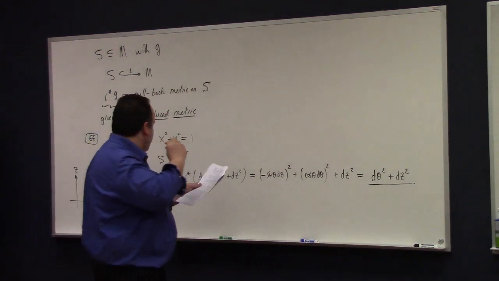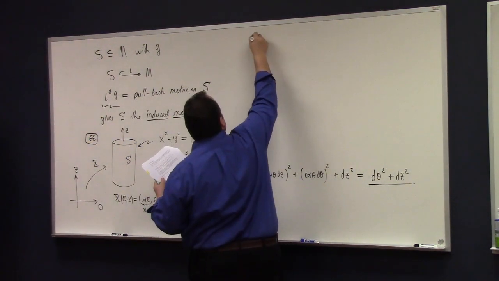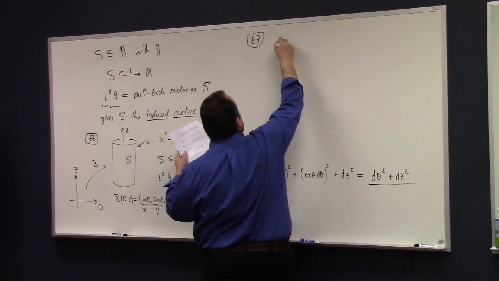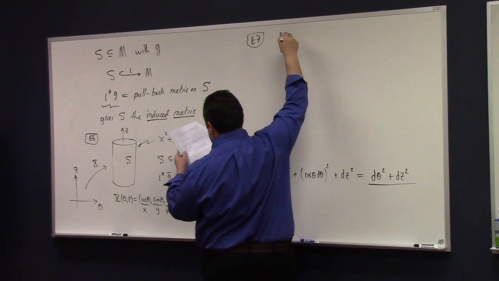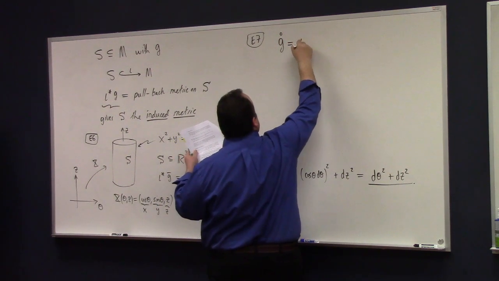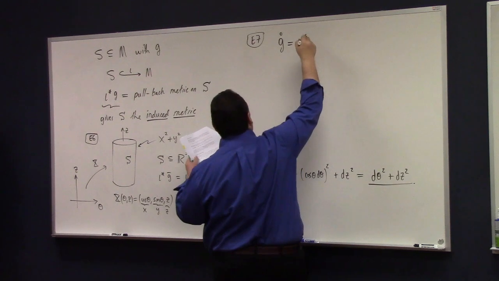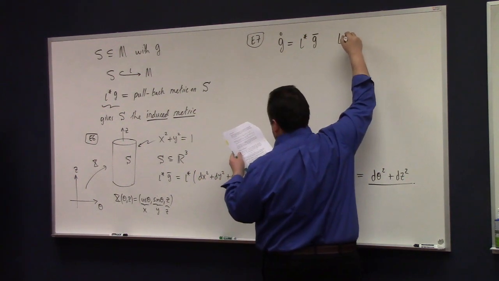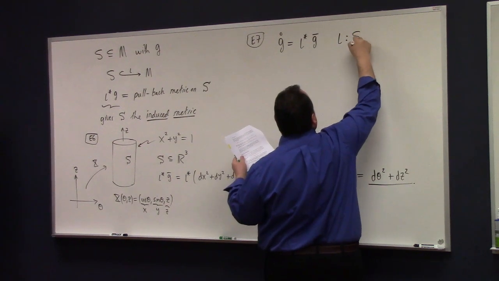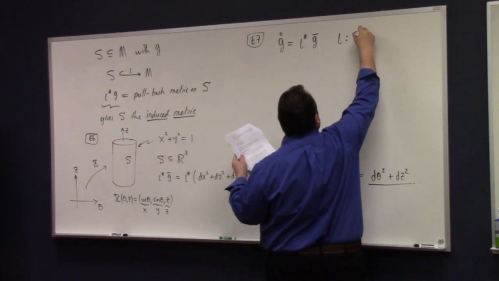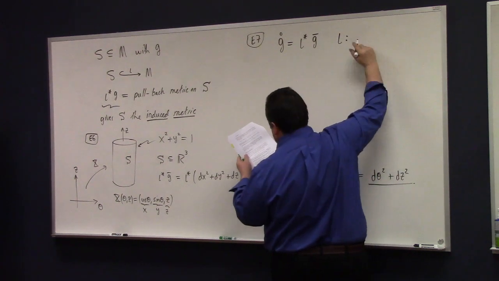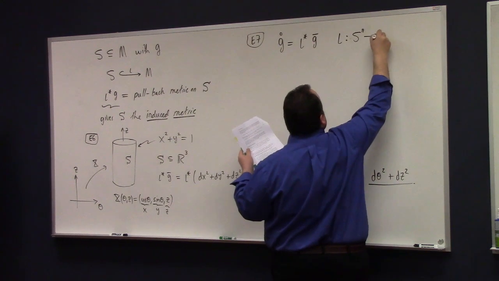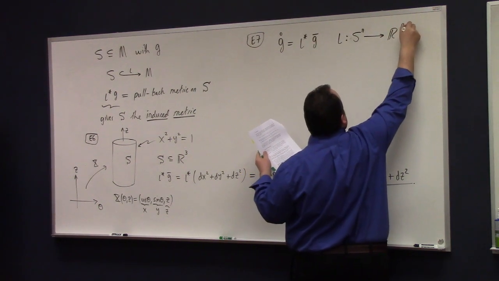Oh, check this out. So example 7. This is one of note. So G circle on top is that horrible map. Pull back G bar. Where here, that horrible map is the mapping from the n-sphere, S^n, into R^(n+1), right?